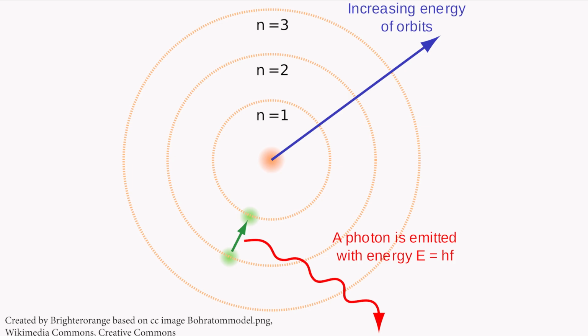Now, the whole trick here with absorbance, or in general with photons interacting with matter, is going to be that the energy of that photon, the energy of that light, must correspond precisely to some transition within that atom. In the case of UV-Vis, it's going to be the transition between electron levels.